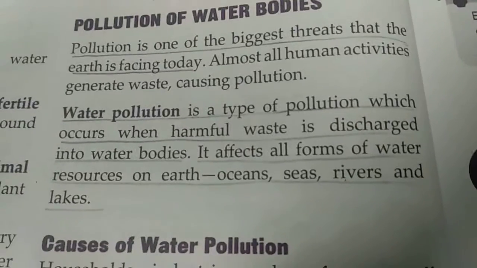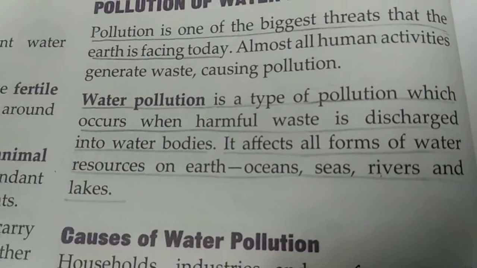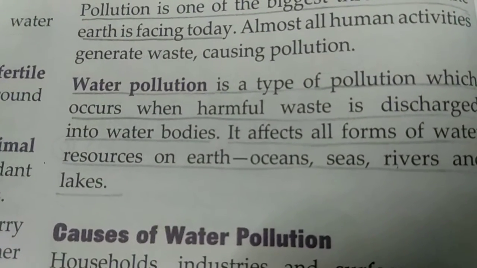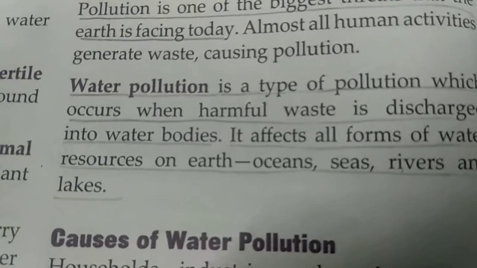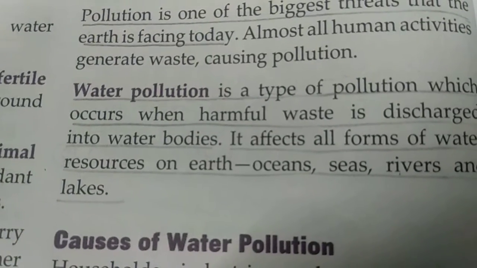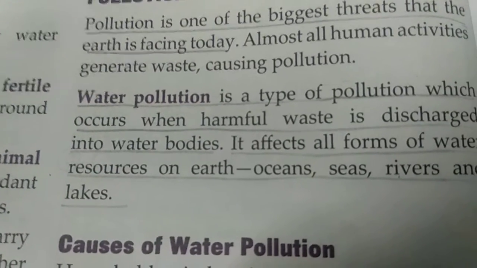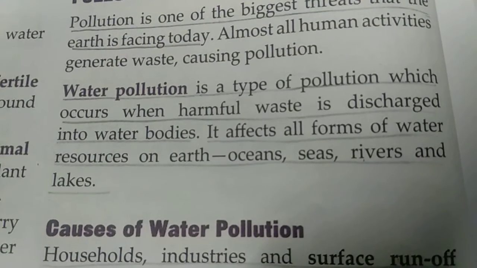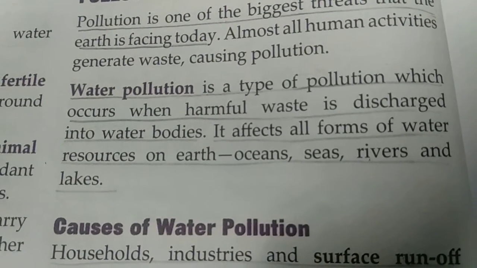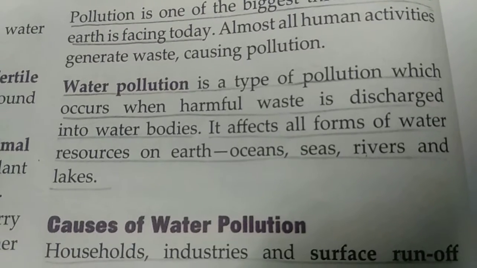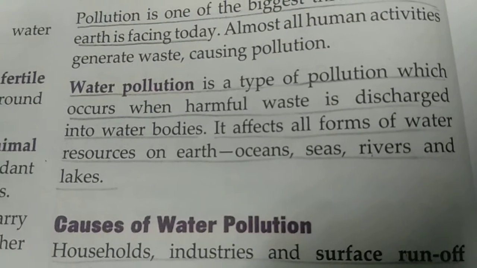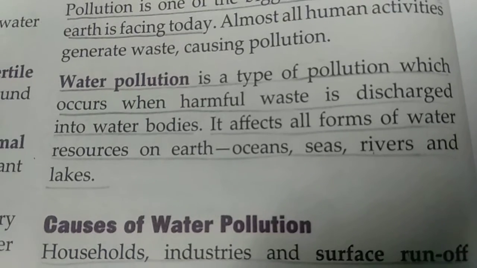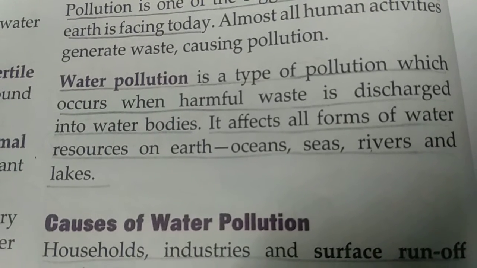Now, what is pollution? Anything that loses its normal capacity, when dust particles, waste particles are poured into it, is known as pollution. So water pollution is a very major part of pollution, which occurs when harmful waste is discharged into water bodies, like from factories, from hospitals, from the towns.